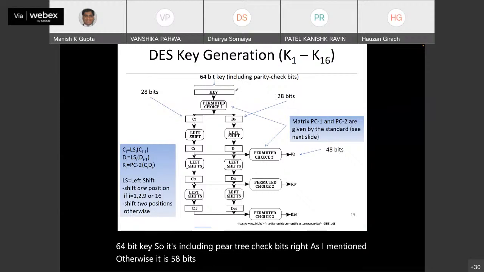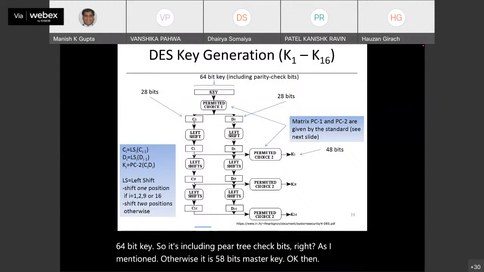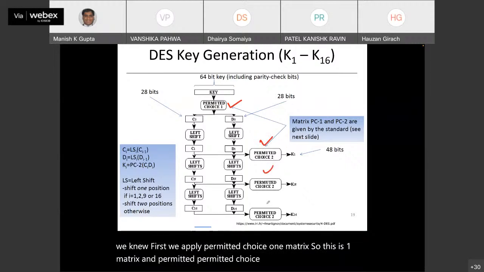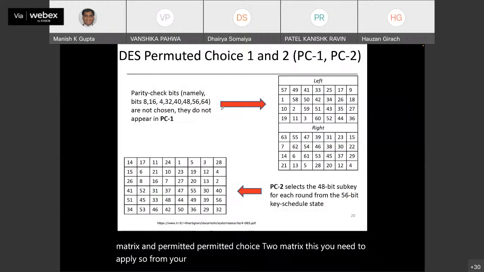Then what you do, if you look at only 28 bits, C0, first we apply permuted choice 1 matrix and permuted choice 2 matrix. This you need to apply. So permuted choice 1 matrix is this one, left and right, and this is permuted choice 2 matrix.